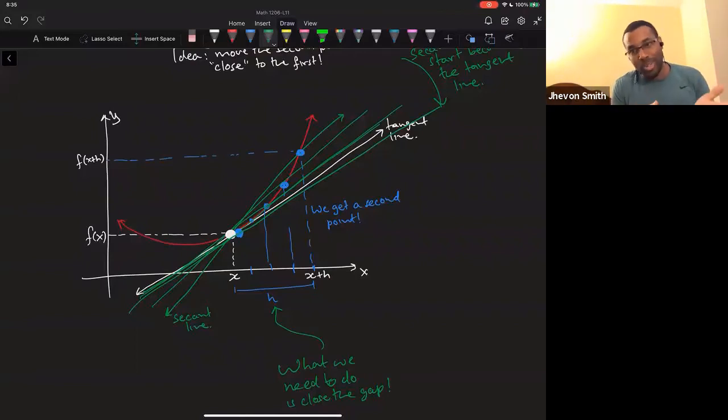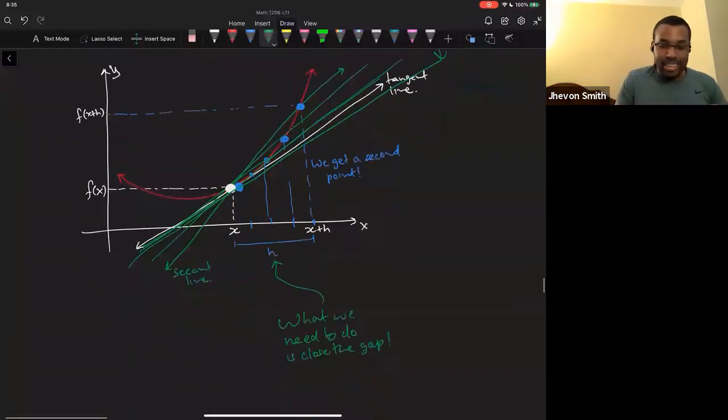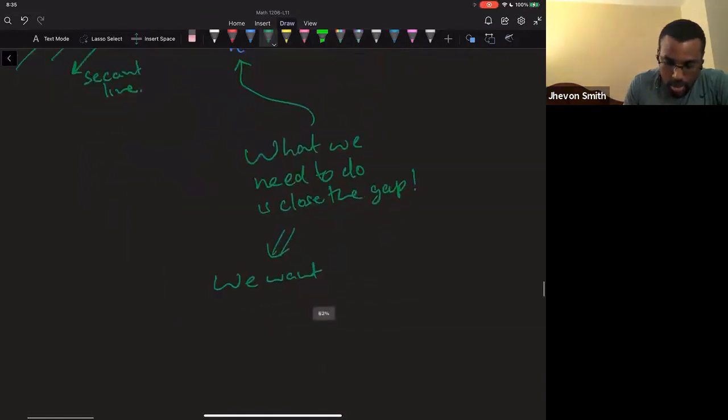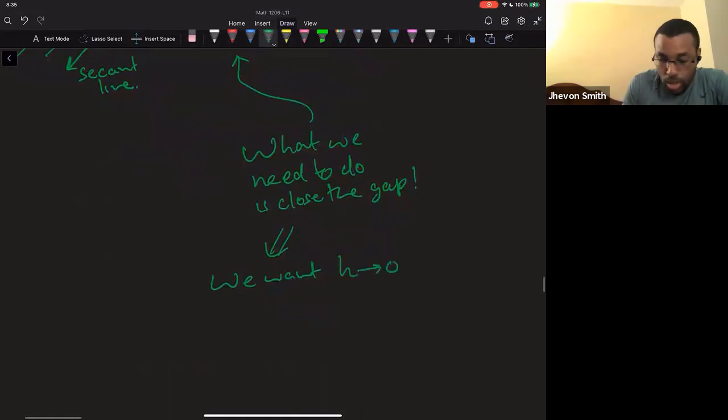The only thing I wanted to do the whole time was to get the second point close to the first point so that the secant line would get close to the tangent line. So in other words, essentially we want h to get close to 0. Now, I never want h to actually be 0. I just want it to get close to 0. And that's where we realize, oh, we can use limits, right? Because that's what a limit is about.